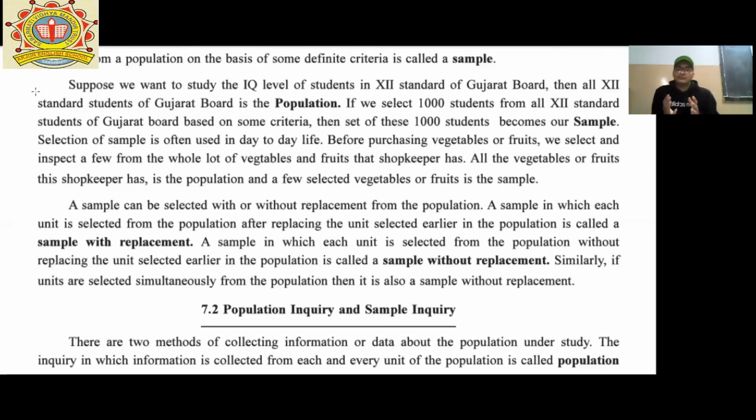Out of 10 chits, I put one chit aside, then the remaining are 9. Now I select two other chits and put them aside, so the remaining are 7. It means those chits that have already been selected, I am not considering them here for repetition. So it is called sample without replacement. Got it?